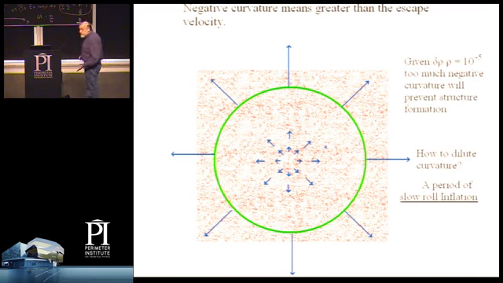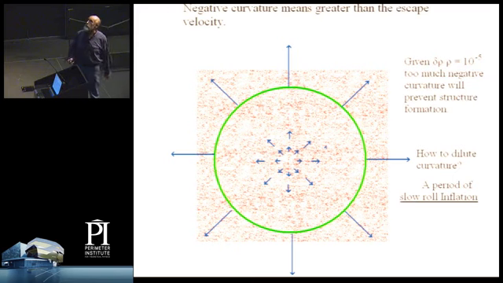The problem is closely related to the problem that Weinberg addressed in 1987, about the repulsive force of a cosmological constant preventing structure. Here it's not a repulsive force, it's just kinetic energy. Outgoing kinetic energy can prevent structure formation. No structure, no stars, no Earth, no life, no us.